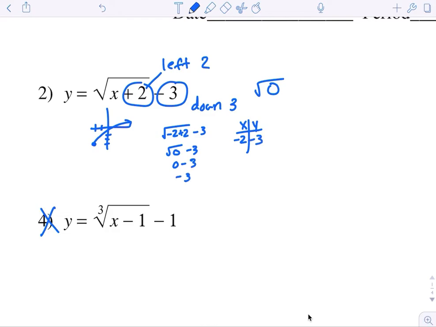So you know this coordinate's -2 comma -3, and that's going to help us because our domain is going to be, well, how far left it goes, all the way to -2, and how far right, it goes to infinity. The range is how low it goes, -3, to how high, to infinity. And this gives you guys all of the valid x and y values for this function.